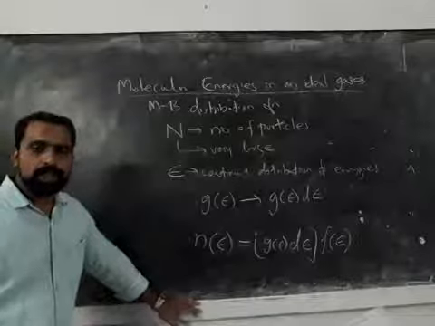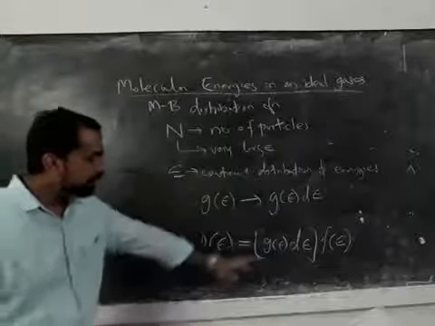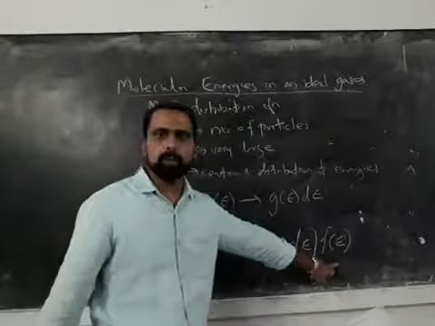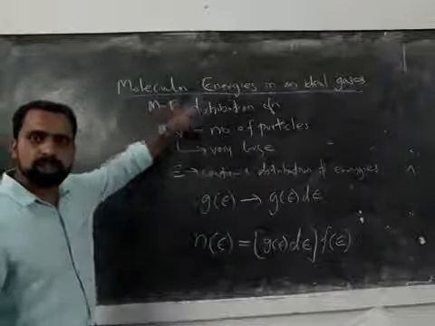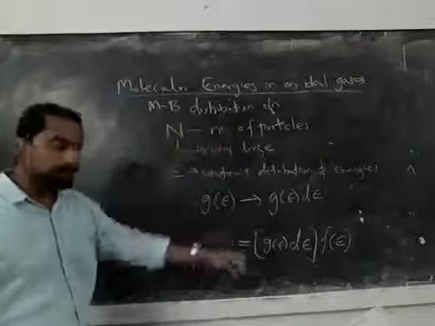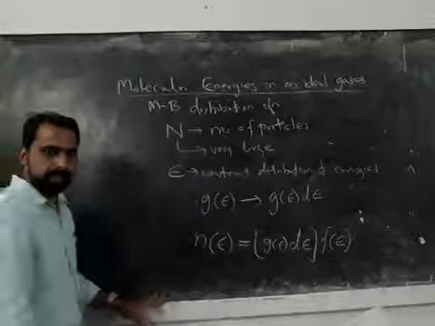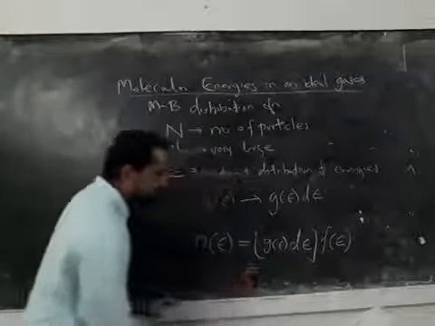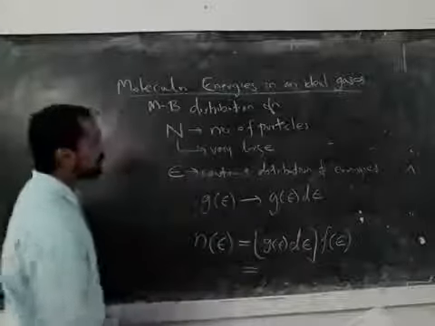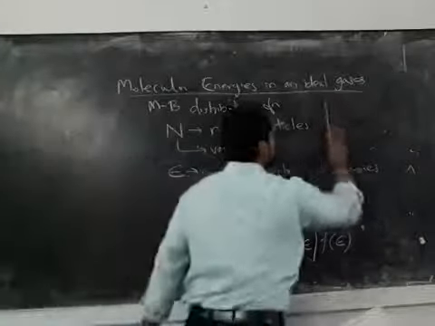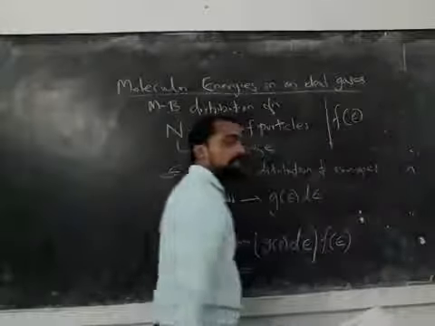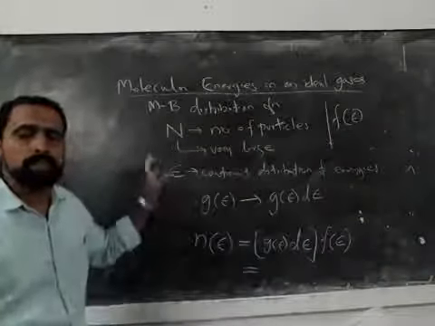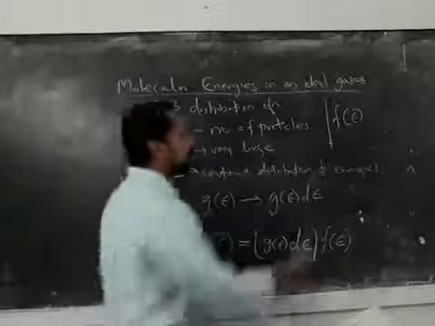Okay. So here we know what f of epsilon is, because these particles obey the Maxwell-Boltzmann distribution function. So you can just rewrite it like this. f of epsilon is nothing but what we already mentioned in the last class, the Maxwell-Boltzmann distribution function.